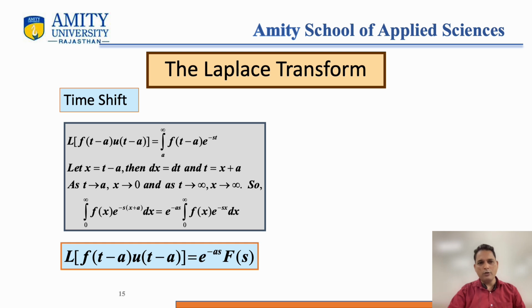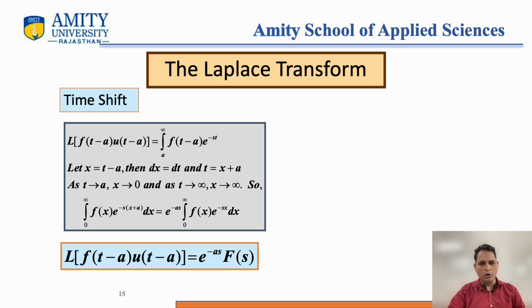So, Laplace of such a function is equivalent to the integral from a to infinity of f(t minus a) e^(-st). We put a variable x equal to t minus a, differentiating on both sides, we get dx equals dt. While changing the limit, first you put t equals a, and then t equals infinity, the limit changes from 0 to infinity.